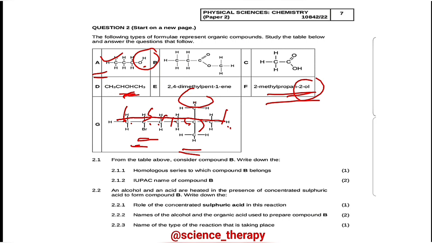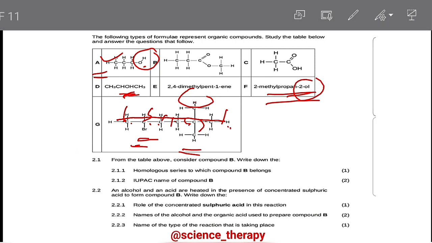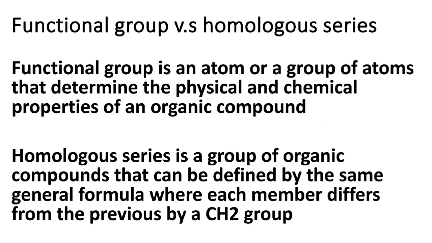Then 2.5.2, it says structural formula of compound E. Structural formula of compound E. So we have 2,4-dimethylpent-1-ene. So we want the longest chain, it's pent. Pent is 5. Then it's 1, 2, 3, 4, 5. Then let's look at the positions. We have 2 and 4.